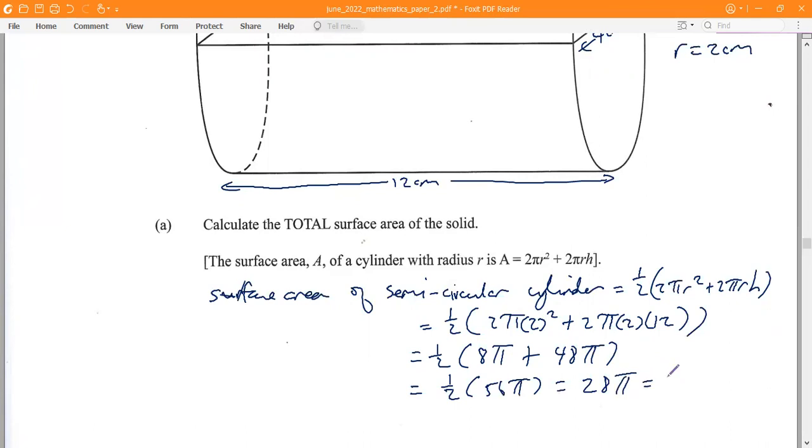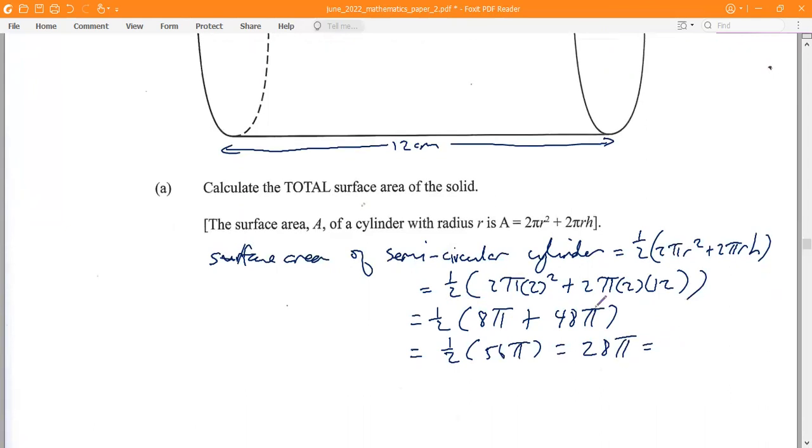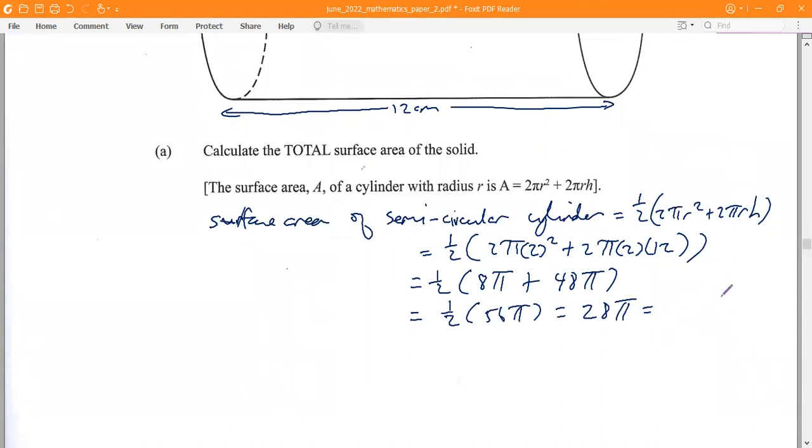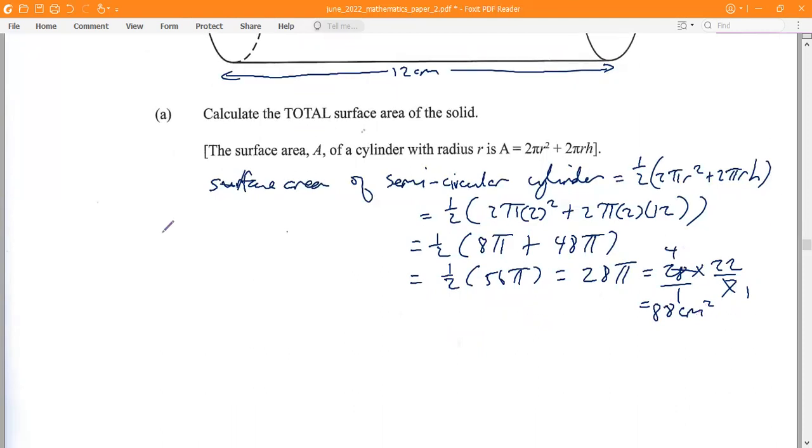And if pi is 22/7, you'll have 28 multiplied by 22/7, which gives us 88 cm squared. So we can assume pi equals 22/7. That's the assumption we make.